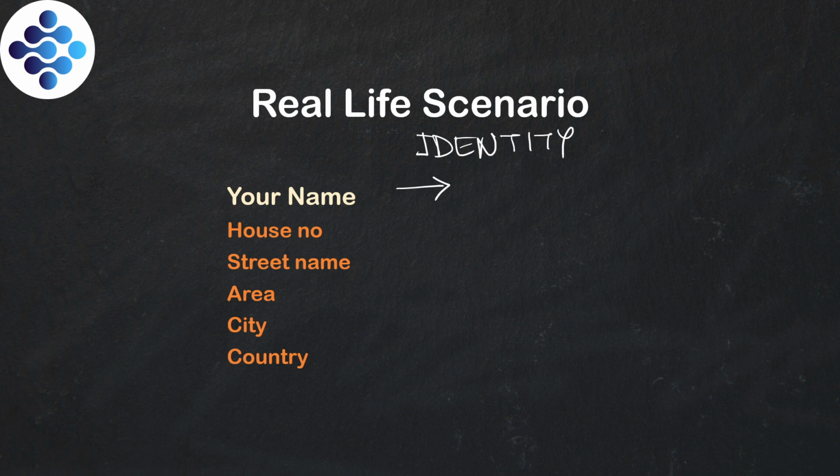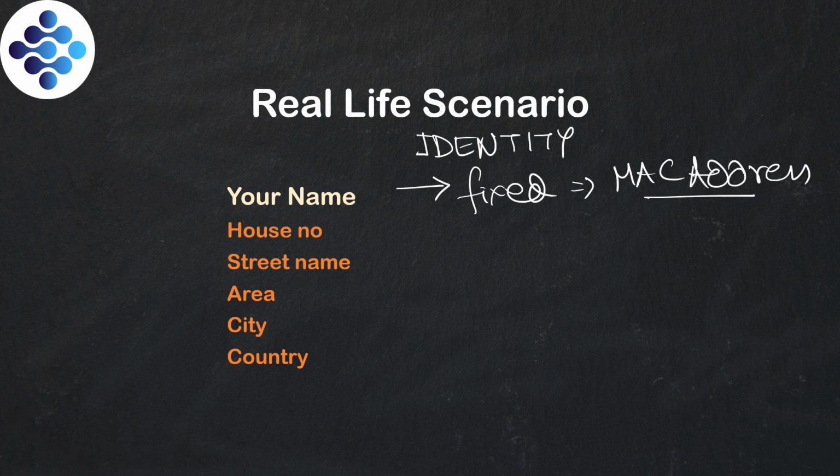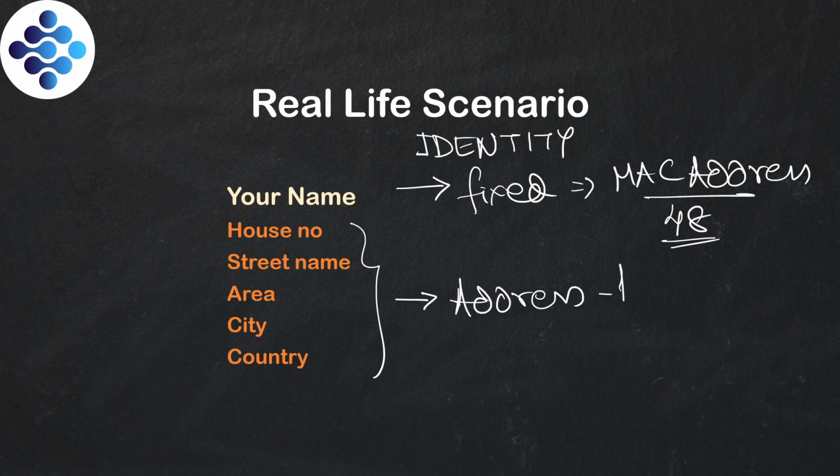So this is your name which is fixed, and this is very similar to the MAC address, the 48-bit system. The second address is your location. It's the location which is variable, which will keep on changing as you move from one city to another or one place to another. And this is equivalent to the IP address.